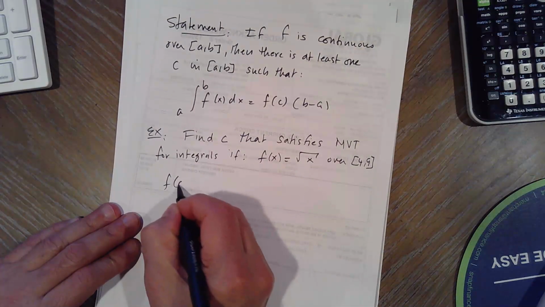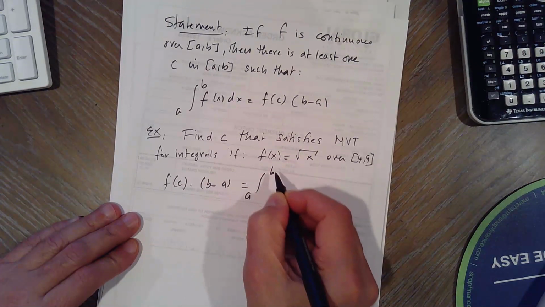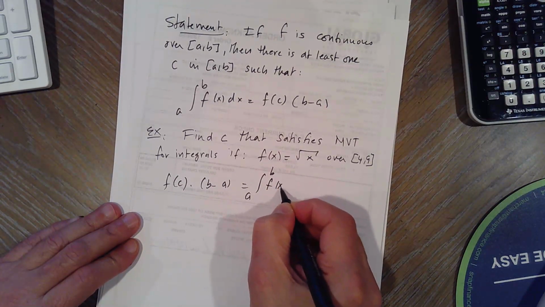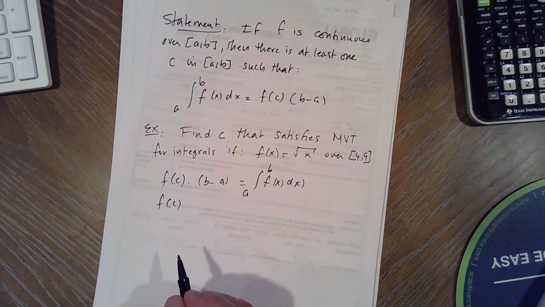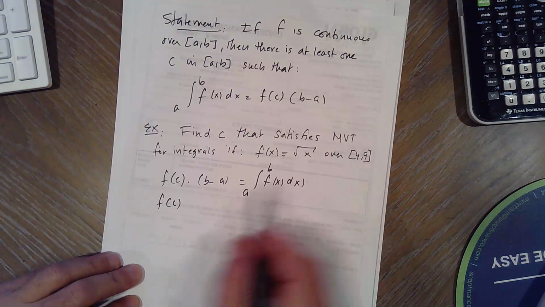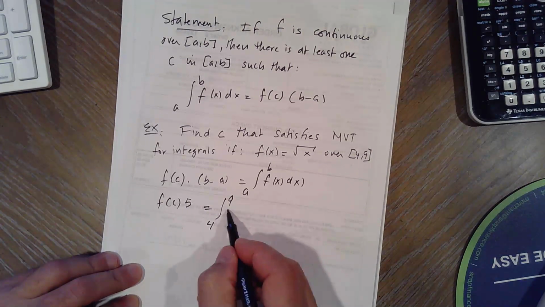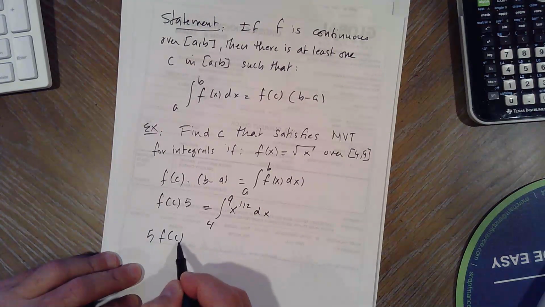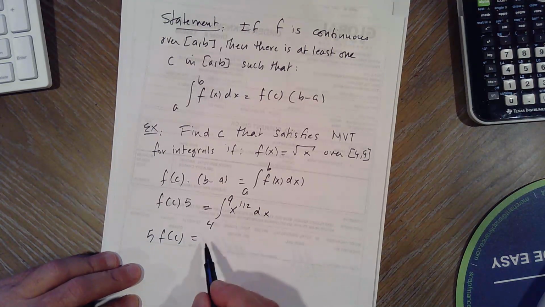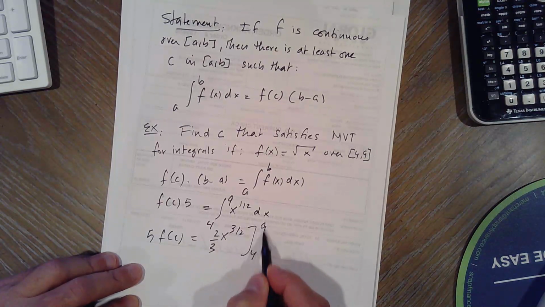So f of c times b minus a is the integral from a to b of f of x dx. So c is what we're trying to find, f of c. B minus a is 5, equals the integral from 4 to 9 of x to the 1/2 dx. So 5 f of c equals x to the 3/2 times 2/3, from 4 to 9.